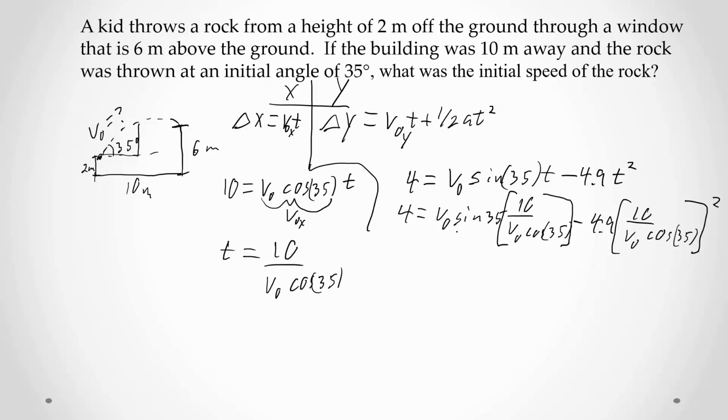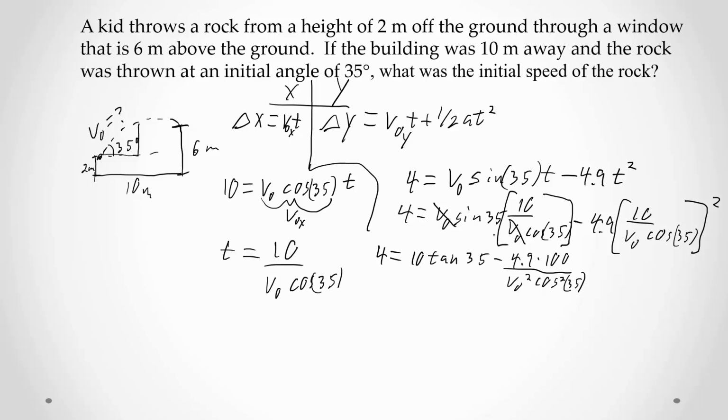Don't forget the squared. Now we can simplify some things. Nicely, these v naughts go away. We can combine that sine and that cosine, so that becomes 10 times tangent of 35. Over here, it's not quite so pretty, minus 4.9 times 100 divided by v naught squared cosine squared of 35.